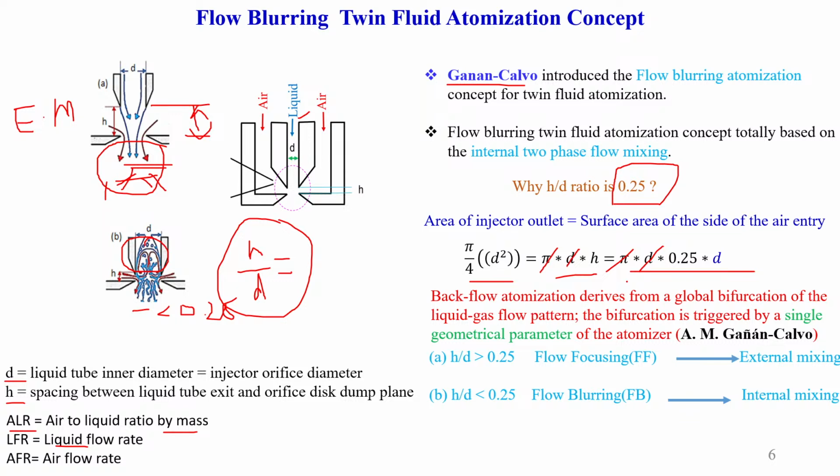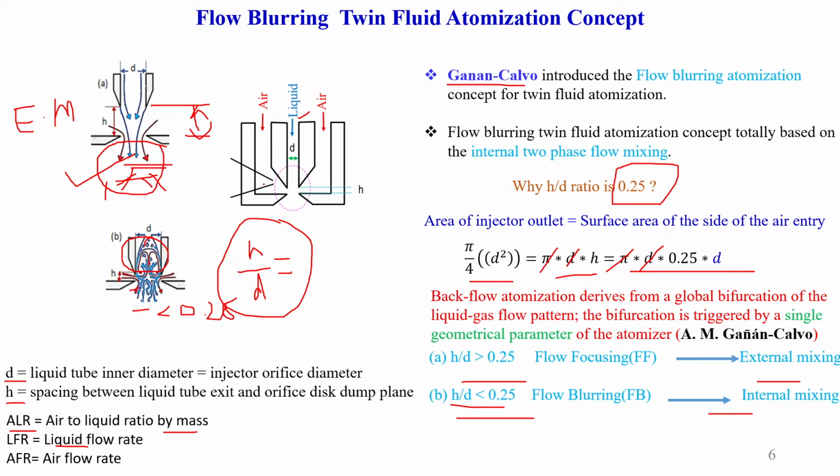During my experiments, I achieved flow blurring atomization at higher H by D ratio also. If H by D ratio is greater than 0.25, it is external mixing, as I already explained. And if the H by D ratio is less than 0.5, it is flow blurring internal mixing atomization.